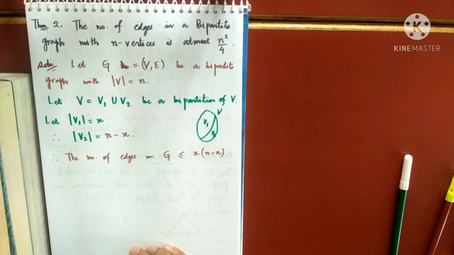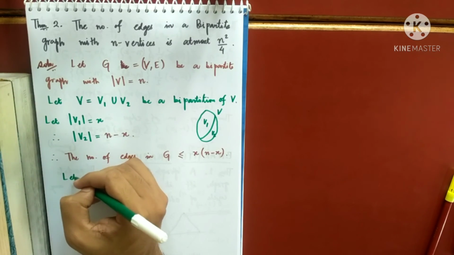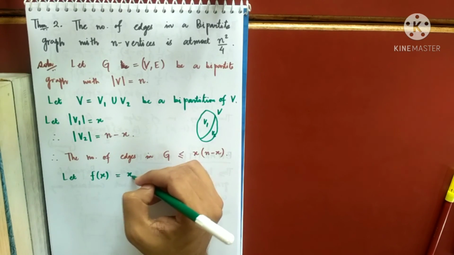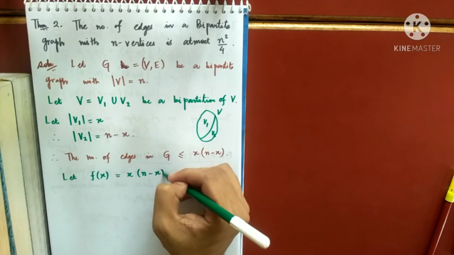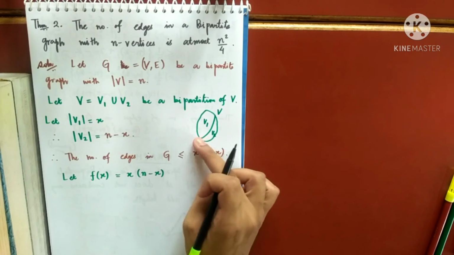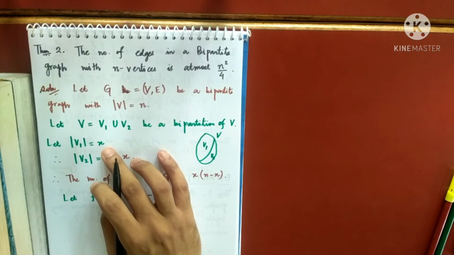Now, this is a function of x. So let f(x) equal x(n minus x). We have to maximize this. Let's see the maximum possible value of this quantity for different values of x.